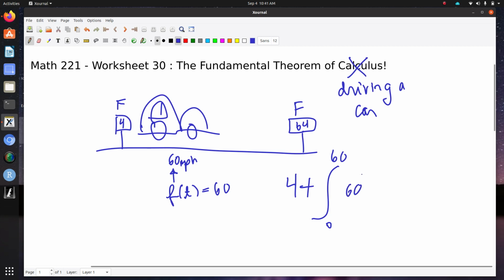Since it's per hour, we're just going to go to 1 and dt, and then this is going to be 64. Okay, so how do we figure this out? We can't always figure this out geometrically, so we have a special rule that we now need to explain.